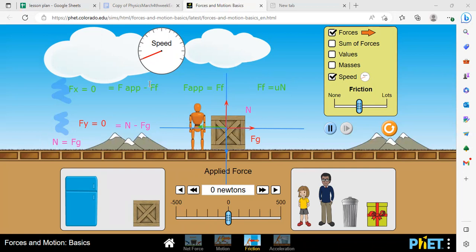So connect natin dito yung connection nung forces along x and forces along y. So the reason why it is hard to push a heavy object is because the frictional force is related to the normal force. Okay?